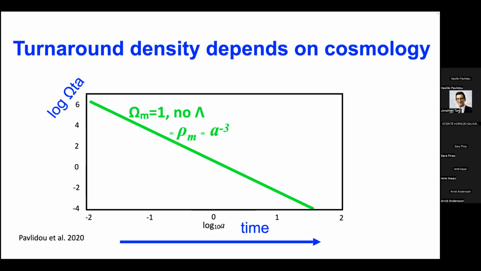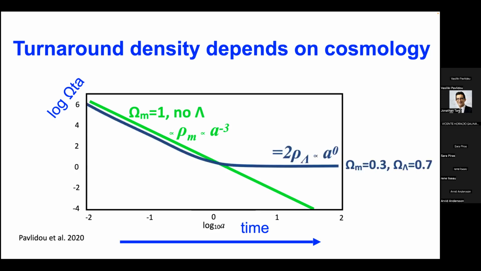So it falls like a to the -3 in that case, and if there is lambda, things change. In the distant past, lambda wasn't doing much. The universe was still matter dominated, so the dominant component of the universe was raw matter, and the turnaround density also evolved as raw matter.